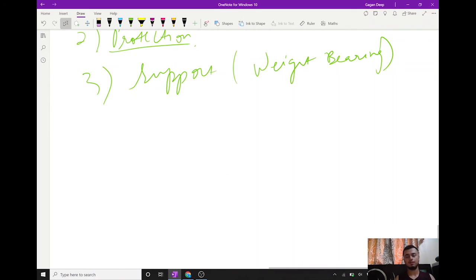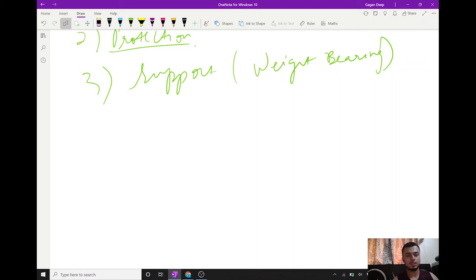If we stand on our legs, all the weight of our organs is pushing downwards by the force of gravity. So the skeleton supports the organs.